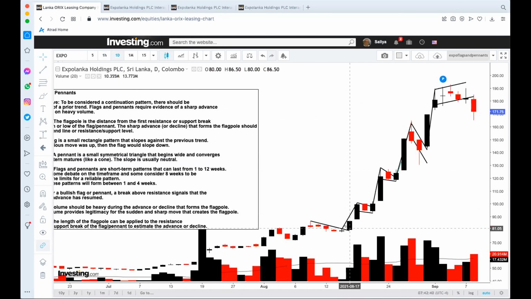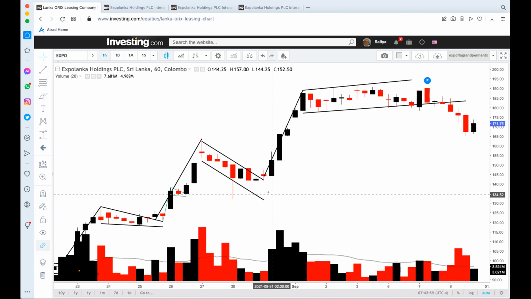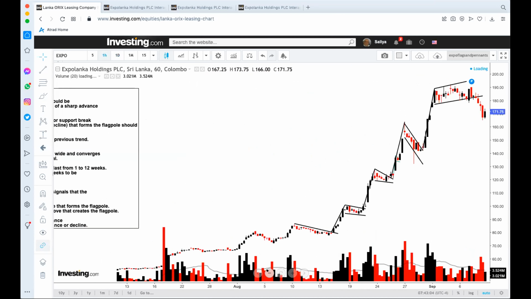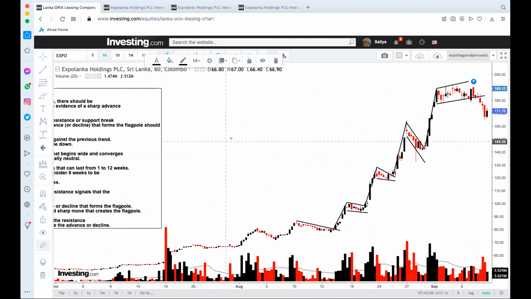You can see that these two are very aggressive days, and then it goes into another 2 days of sideways movement. Then again there's a breakout, it goes up, moves into a sideways movement. Breakout, moves into a sideways movement. Breakout, moves into a sideways movement, right? That's why these are called poles.